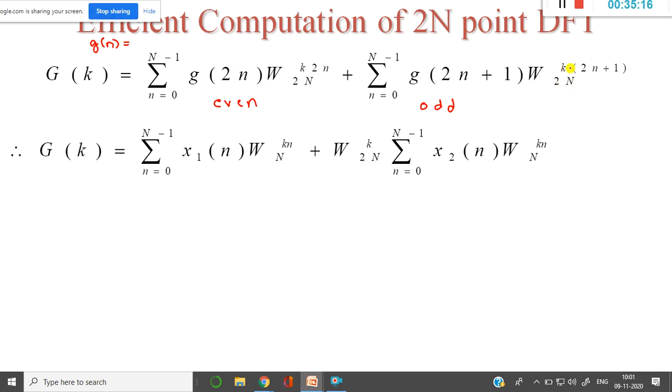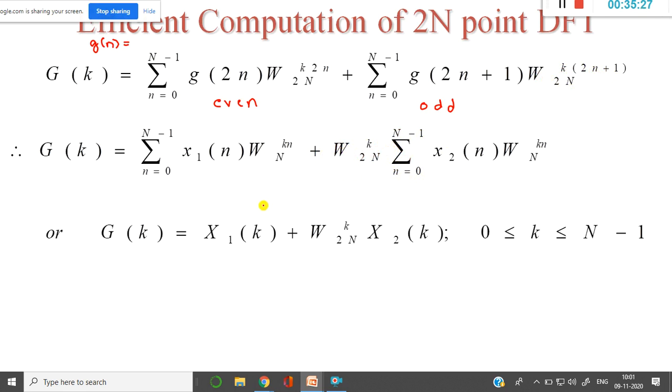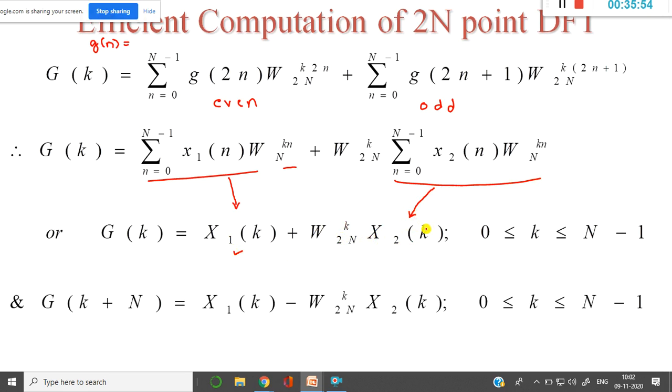So here we take out W 2n to the power of k outside, which is out of the scope of this particular limit. That's the simple step we do, and g of k is nothing but what? G of k is nothing but x1 of k plus W to the power of k 2n times x2 of k. So you already computed x1 of k and x2 of k. Just multiply this twiddle factor to obtain complete g of k.